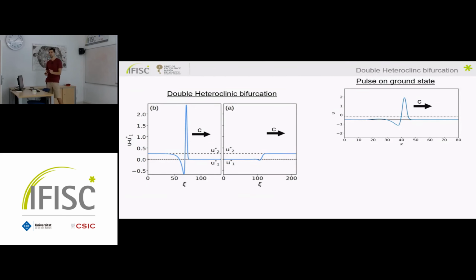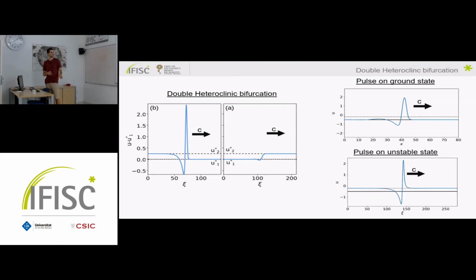And if we go a little bit away from the bifurcation point where this front exists, there appears a pulse that now is on the unstable state. So we were able to connect this pulse on the ground state with a pulse on the saddle just by going through this bifurcation. So these two solutions are part of the manifold of this point here.